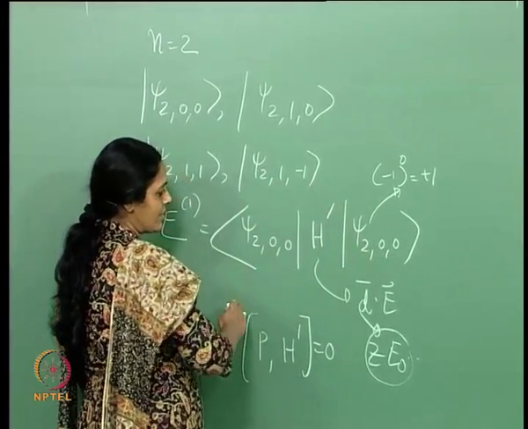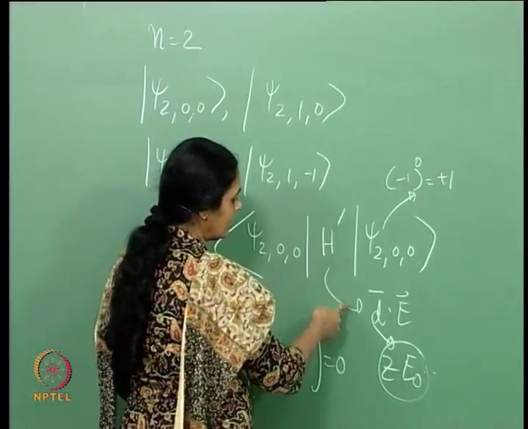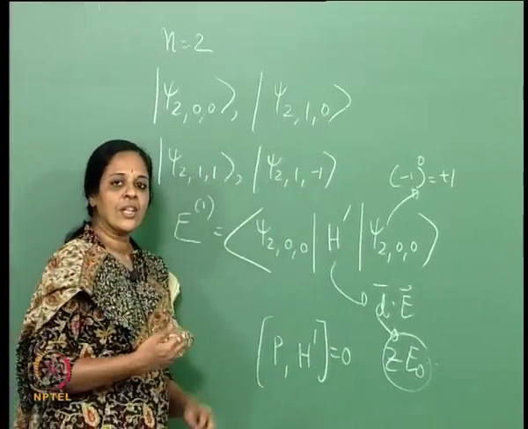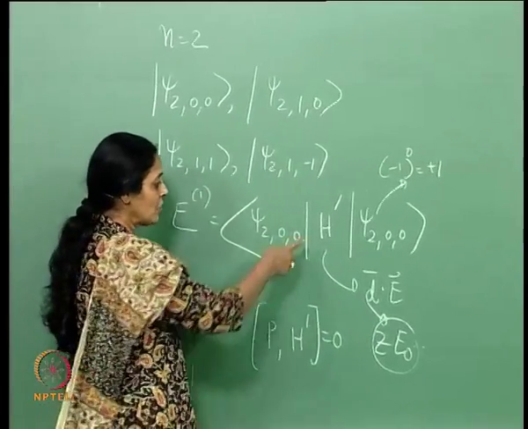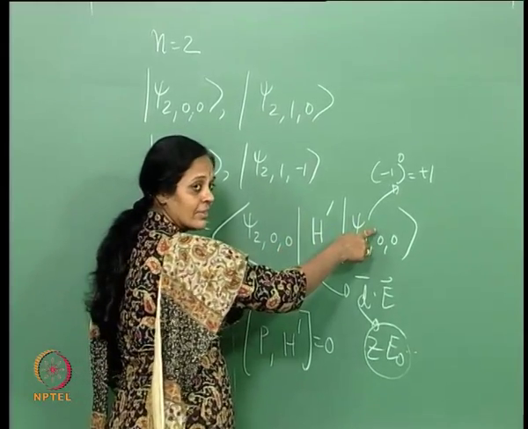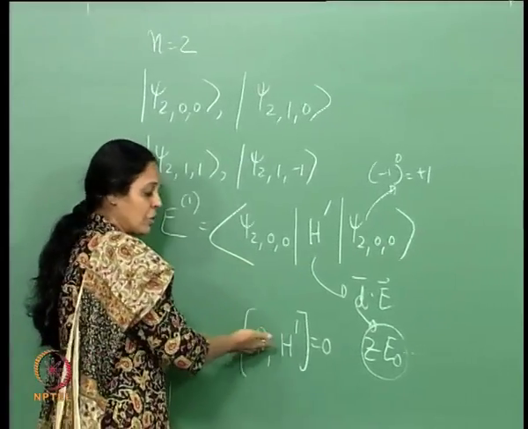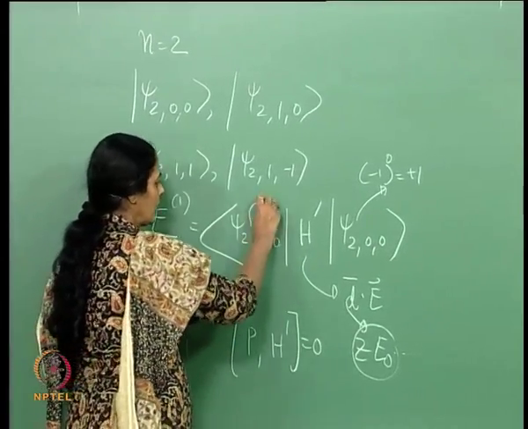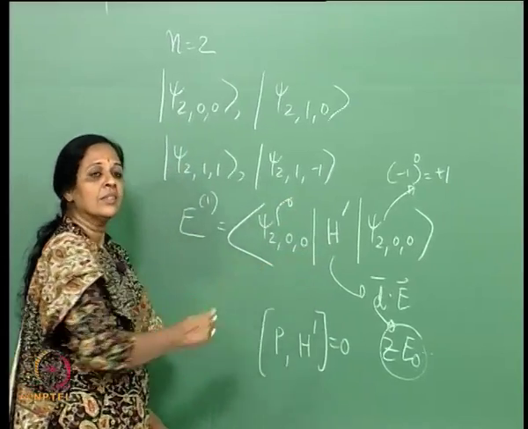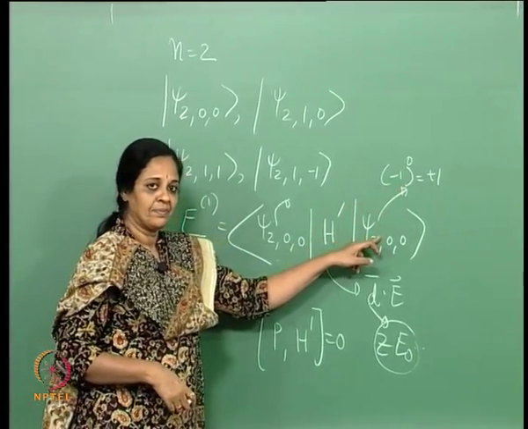The net matrix element of the Hamiltonian, if you take it, here there is a z, and under parity that changes sign. So, you pick up a minus 1 here, and that is a plus 1, but the net parity must be plus 1 because of this, and therefore, this state, whatever I put here in the bra, should have odd parity because that had even parity.